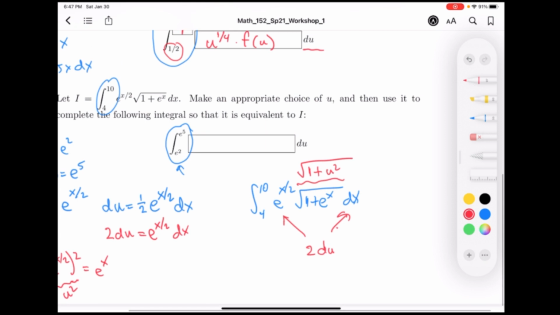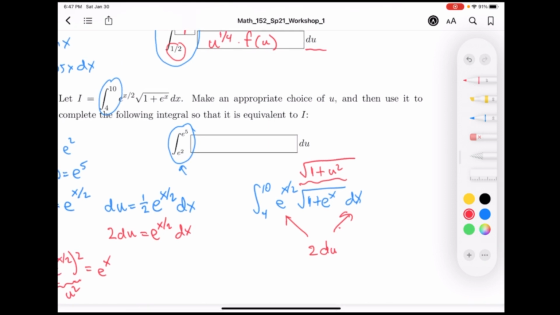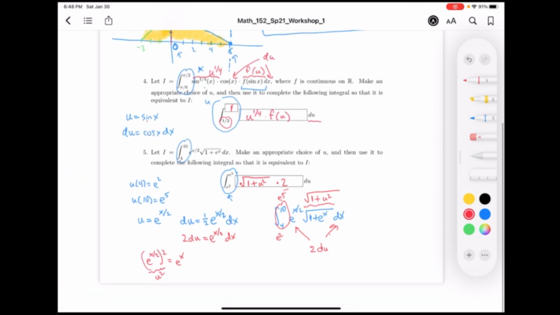And of course the limits are going to get replaced when we do it with u. It's going to be e squared and e to the 5th. So what I'm going to write in here is the square root of 1 plus u squared and then times 2, because it's actually 2 du that replaces the e to the x over 2 dx rather than just du itself. So that's the answer to 5.